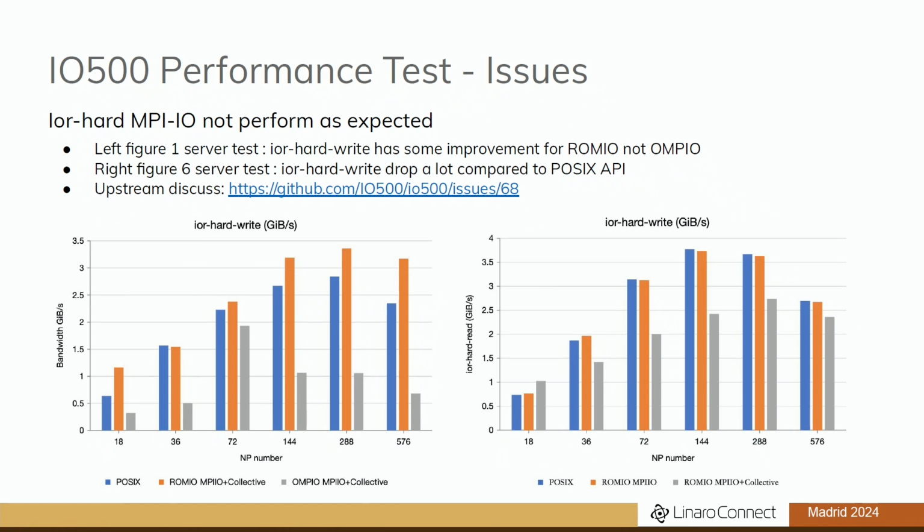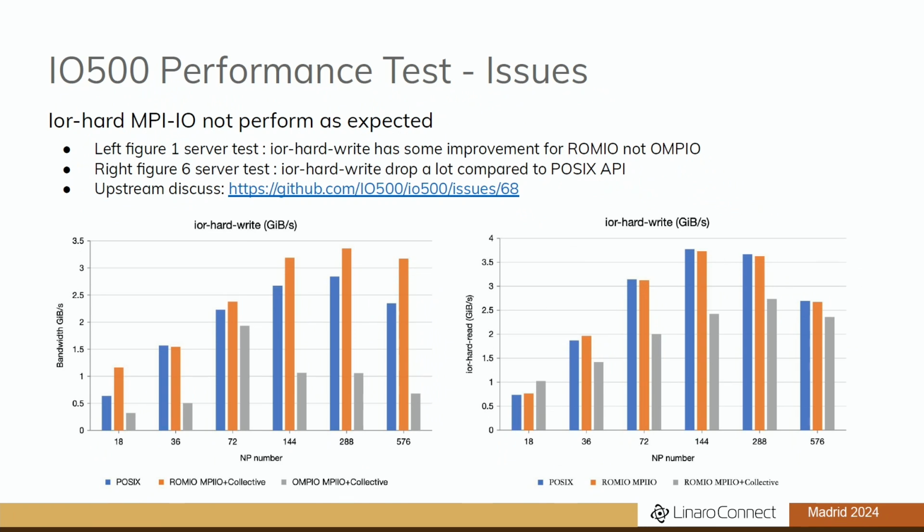And we also found that for the IO hard phases, the MPIIO API does not perform as expected. So in the left figure, the one server test, you can see the blue one is the POSIX API.